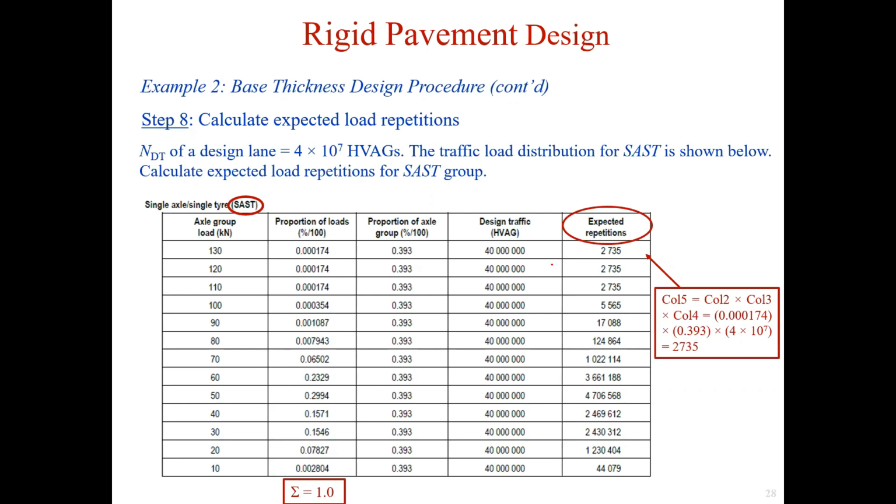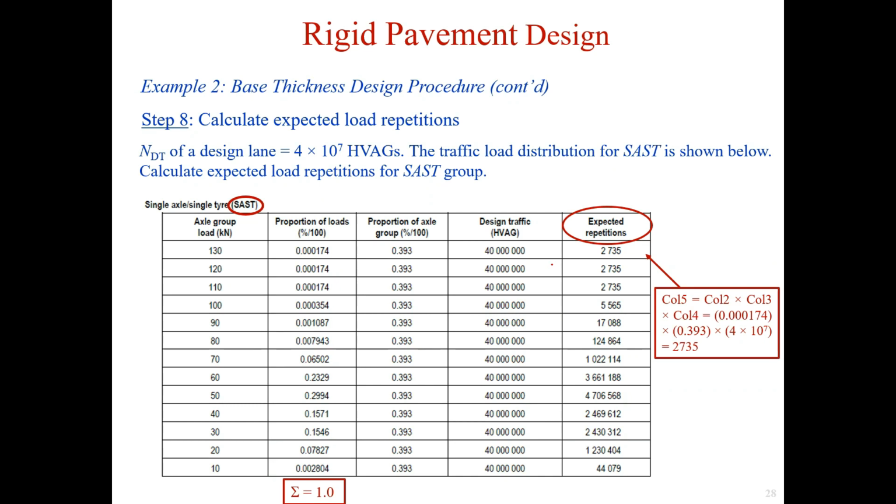Step 8 is to calculate the expected load repetitions. The design traffic is 4 times 10 to the power of 7 HVAG. The traffic load distribution for SAST is shown in this table.